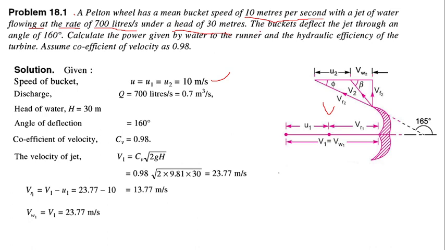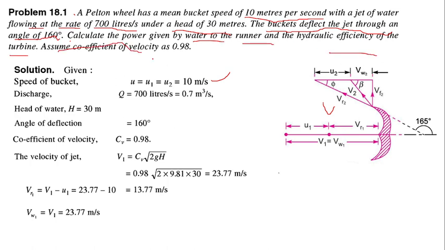The buckets deflect the jet through an angle of 160 degrees. Calculate the power given by the water to the runner and the hydraulic efficiency of the turbine.